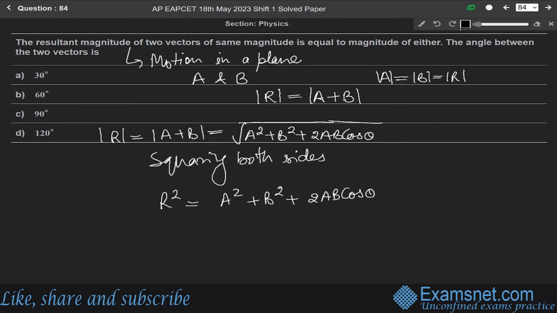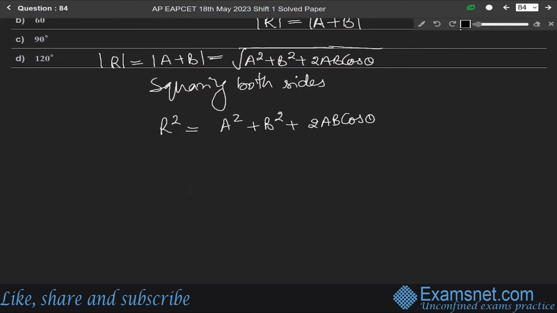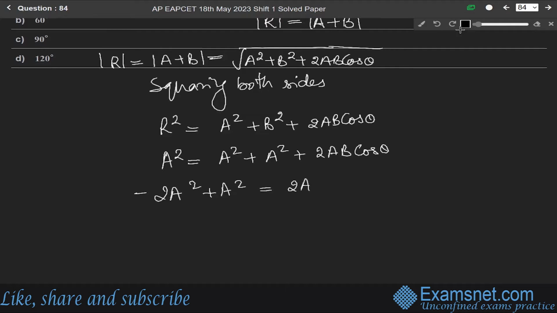Okay, since the magnitude of each vector is the same, we write A square equals A square plus A square plus 2AB cos theta. So 2A square minus A square, it will be equal to 2A square cos theta. So minus A square equals 2A square cos theta.